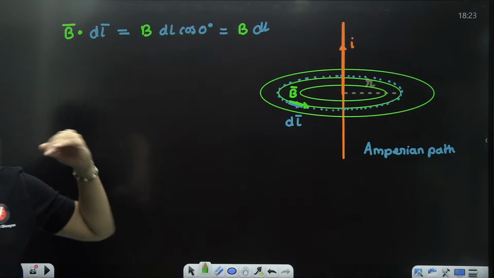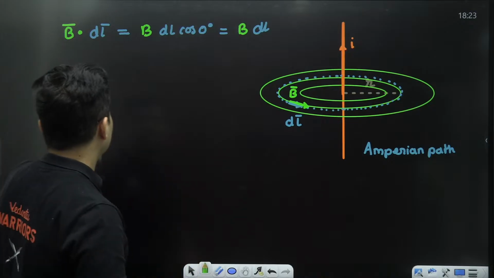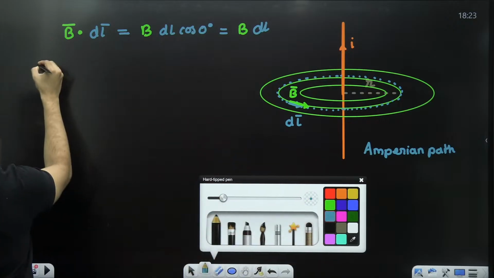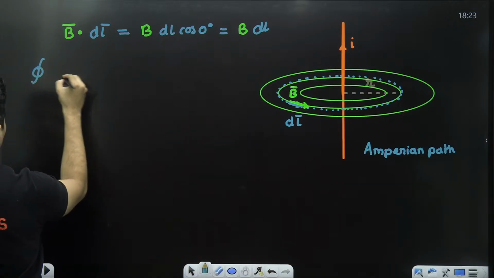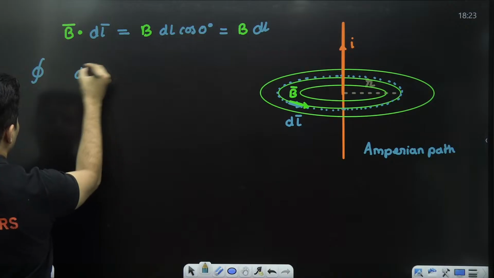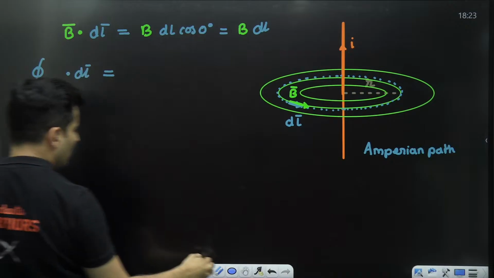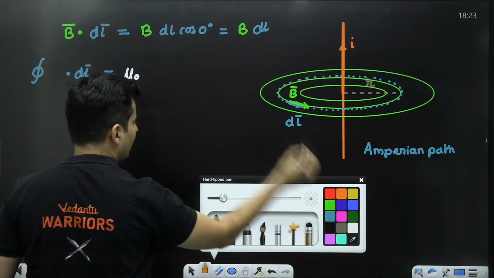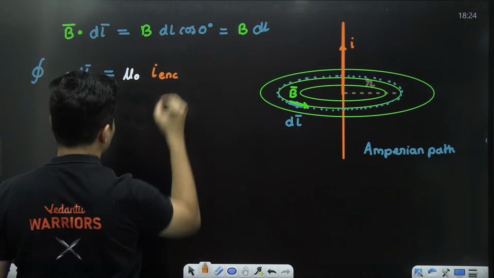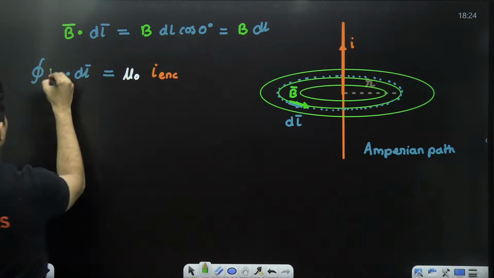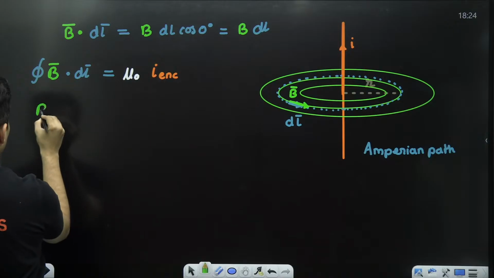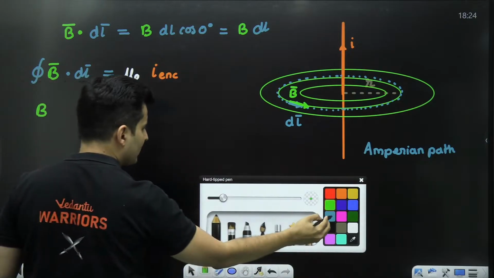Okay. Next important thing is, if I apply Ampere's loop law, which is nothing but integration of B dot dl is equal to mu naught into whatever is the current which is enclosed. This B dot dl will be just B dl. That means that B will be constant, it will come outside.